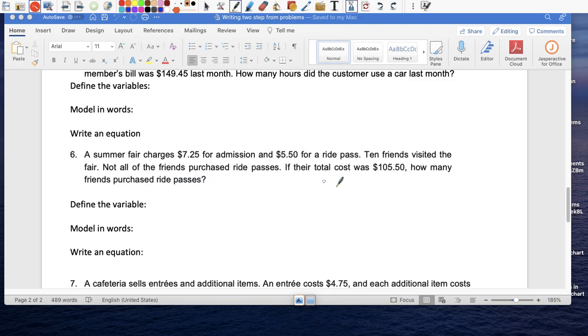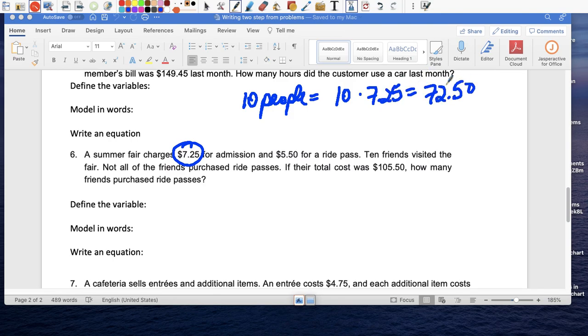A little trick here: 10 people went to the fair, and they all had to pay $7.25 to get in. So 10 times 7.25, just to get in, is $72.50.